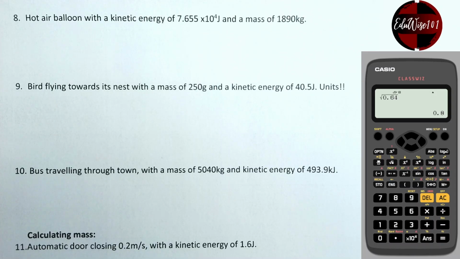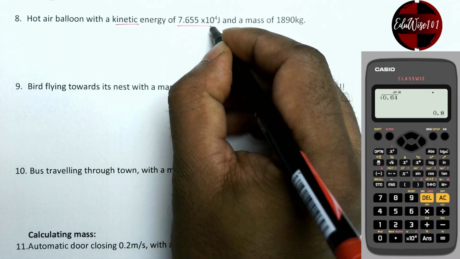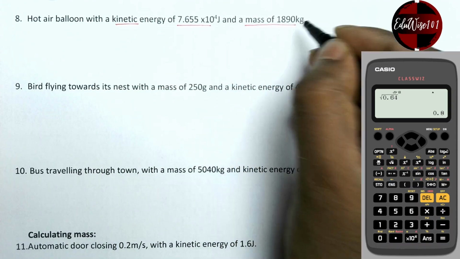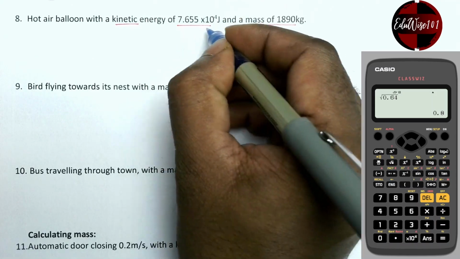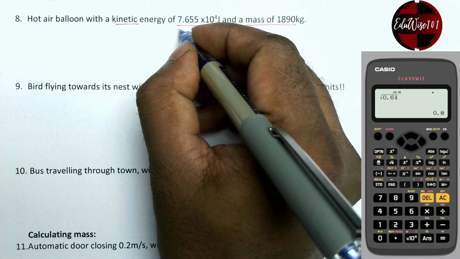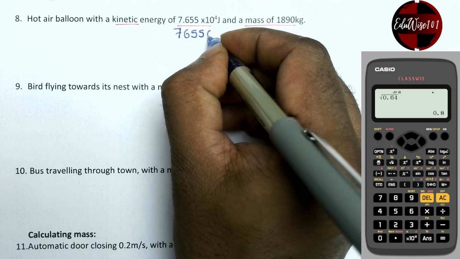Question number 8. Hot air balloon with a kinetic energy of 7.655 times 10 to the power 4 joules and a mass of 1890 kilogram. So the kinetic energy is that, mass is 1890. So let's convert this to normal form, 76,550.